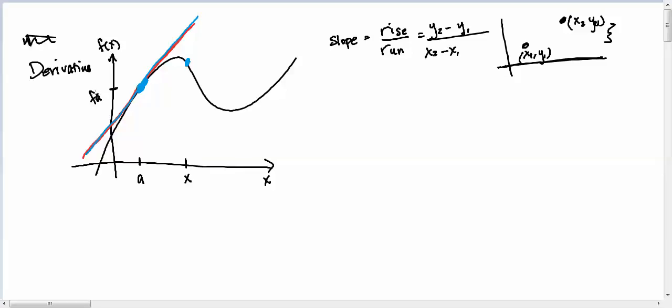All right? Now, the corresponding Y value to this A position is actually f of A. Are we cool? Yeah. You sure? Okay. And the corresponding Y value to this X is f of X. Good? So therefore the slope is equal to y2, which is what? f of x, good.